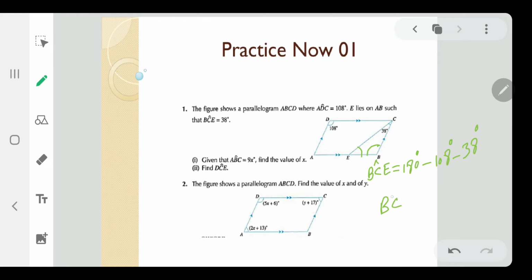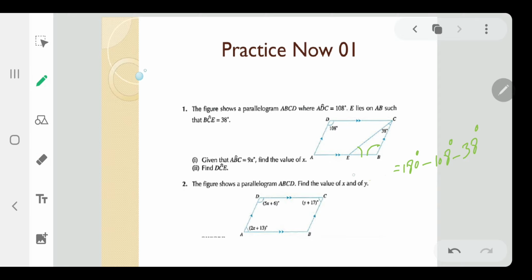Now the angle BCE, this is BEC, right? So I should correct it. This angle is BEC.